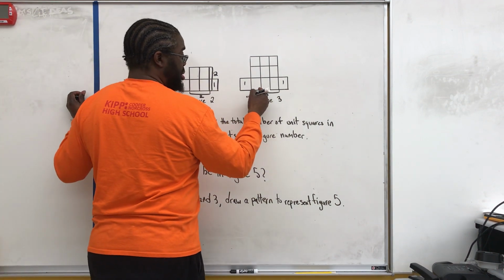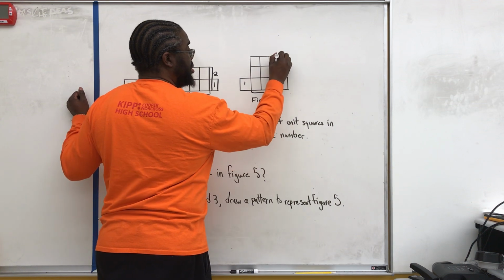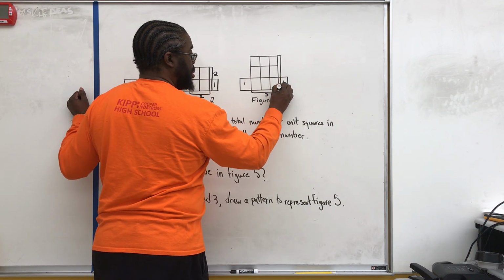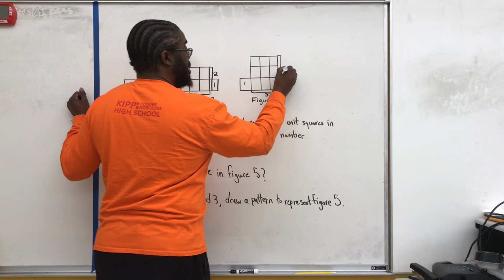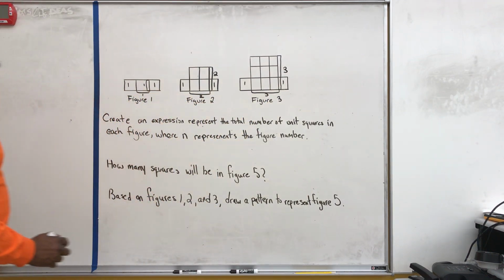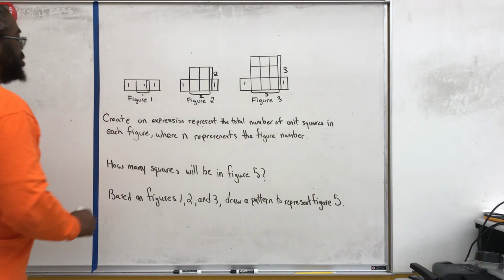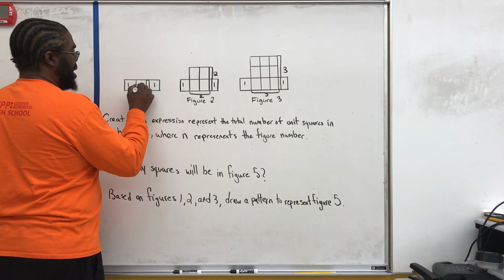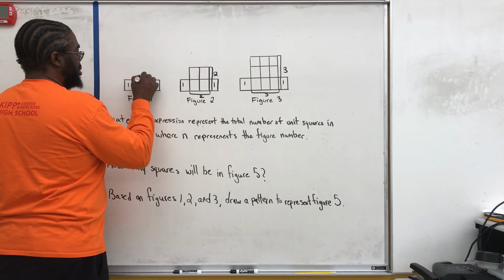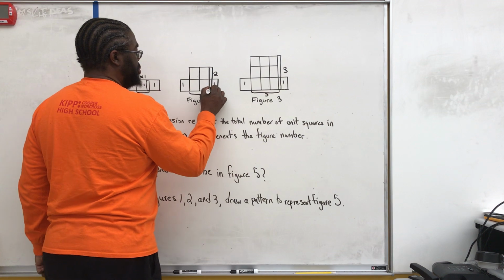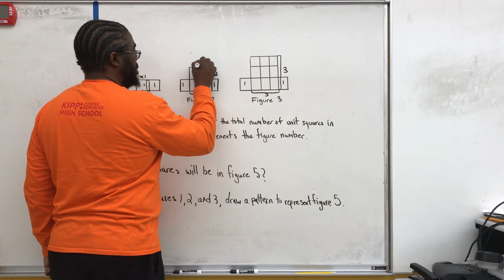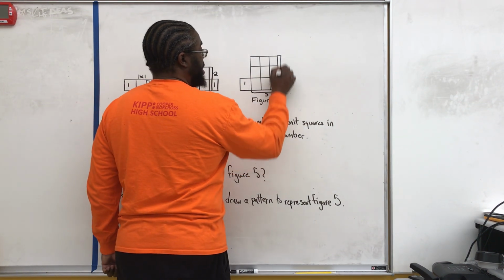Over here, my height is now 3. So this is a 1 by 1. This is a 2 by 2. And this is a 3 by 3.